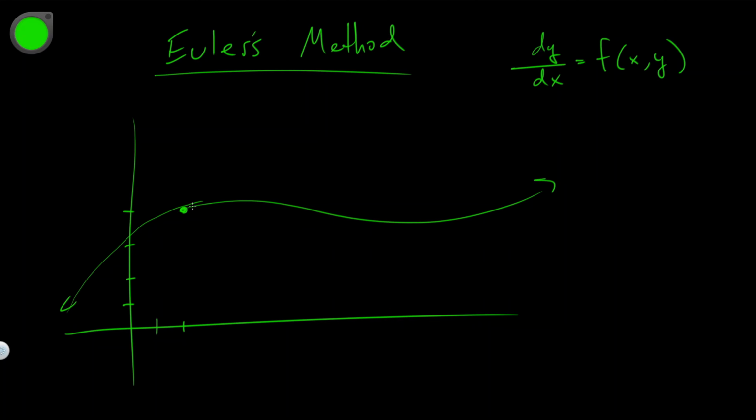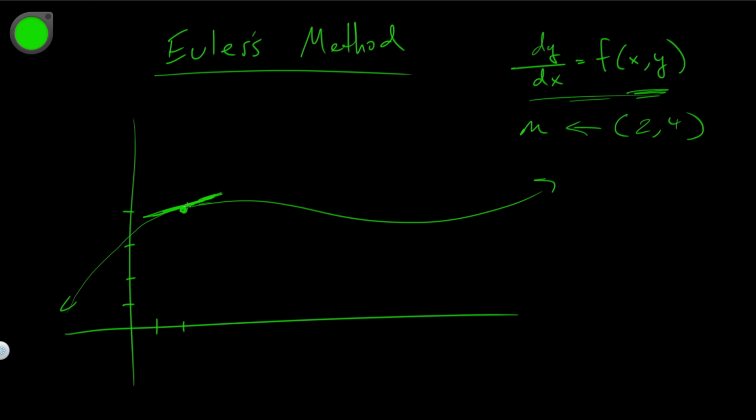Cool. This is a function that satisfies this equation. What do we know? When I plug in the coordinate (2, 4), it's going to output a slope, and that slope is going to look like this.